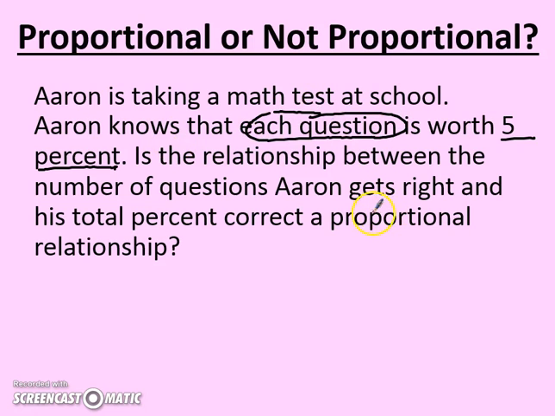So that's the unit rate. It is constantly going to go up by 5 every time he gets a question right. There's nothing that indicates that Aaron gets points from the beginning. He only gets points when he gets the questions right. So this is a proportional relationship because it has a unit rate and it doesn't have any starting value.